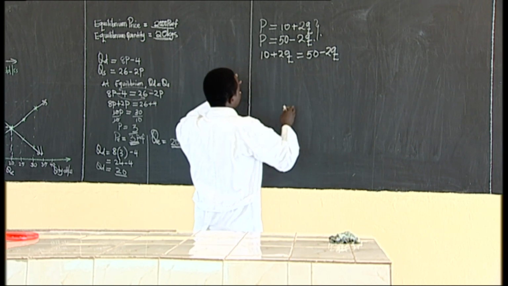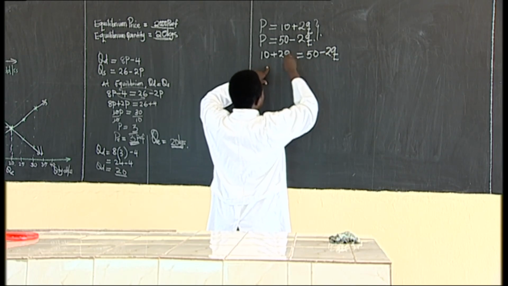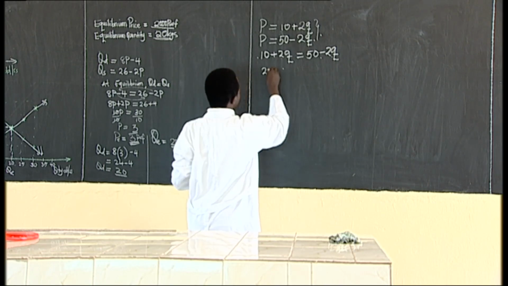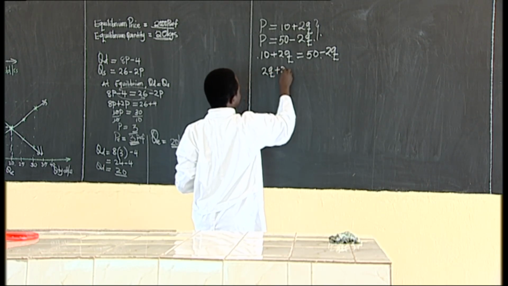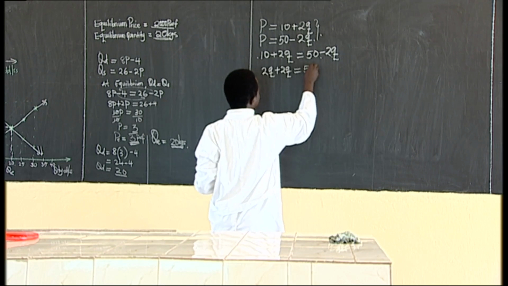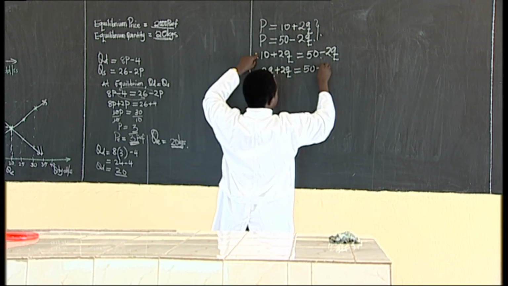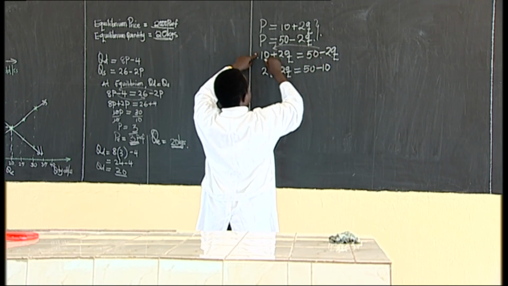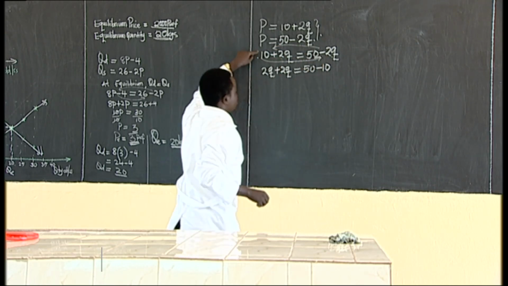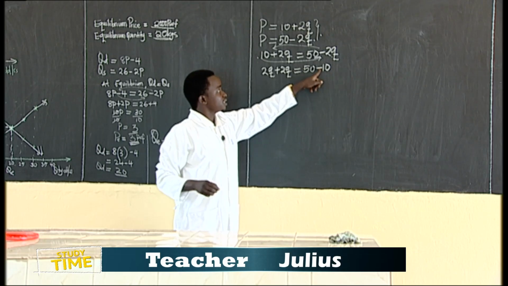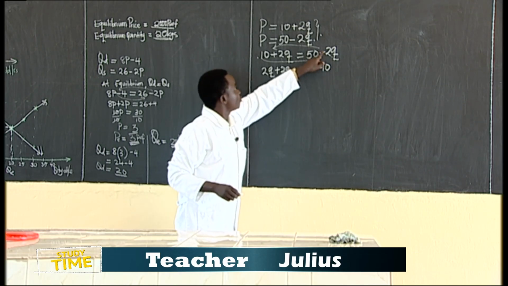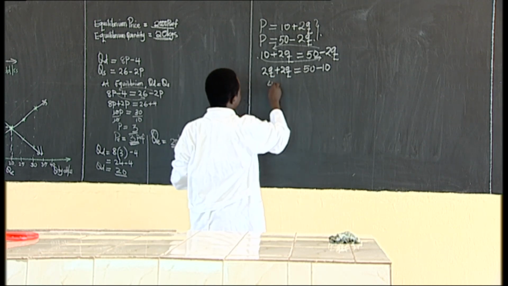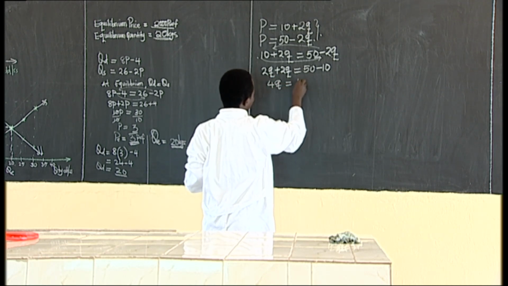So now, if you bring negative 2Q this side and you take 10 the other side, then we shall have 2Q plus 2Q is equal to 50 minus 10. When 10 crosses over, it becomes negative. A negative 2Q, when you bring it this side, becomes positive 2Q. When you add, you get 4Q, which is equal to 40.